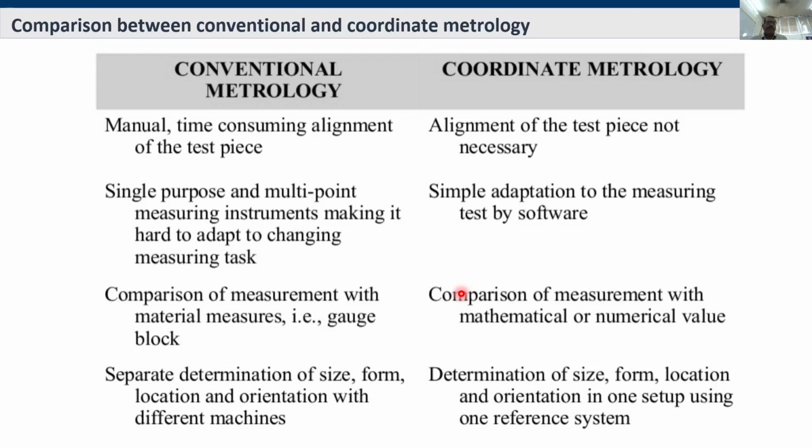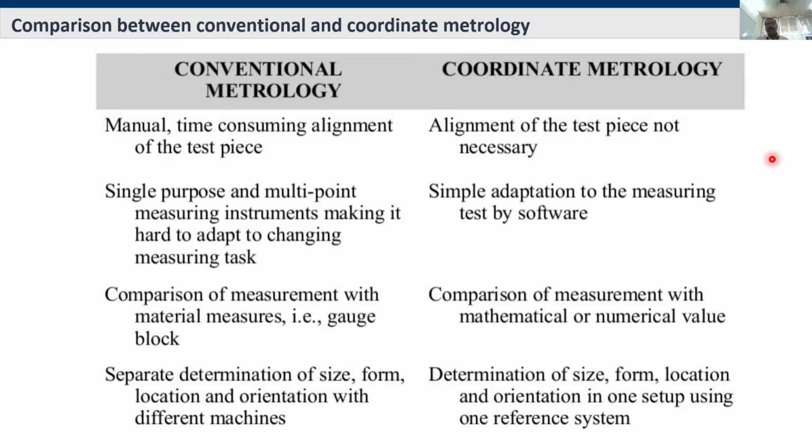Single purpose and multi-point measuring instruments make it hard to adapt to a changing measuring task. But with coordinate metrology, adaptation to the measuring task is done by software, because coordinate metrology comes with computers and dedicated software, so you can use it for different purposes, either for measuring dimensional features or form features.